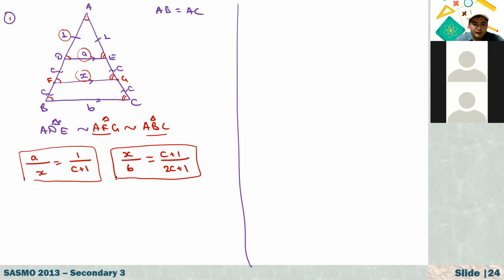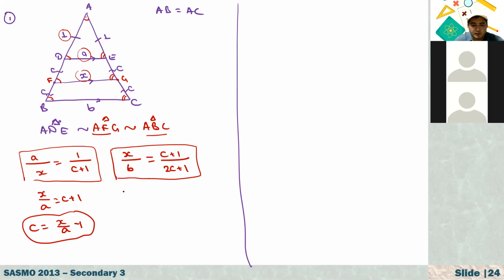Okay. To do this one, now from the first one, X over A is equal to C plus 1. So C is equal to X over A minus 1. Okay. Now, how about the second equation? If I just make C the subject of the formula, I can just get what's here.